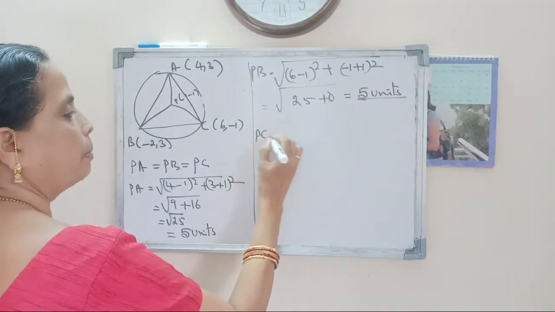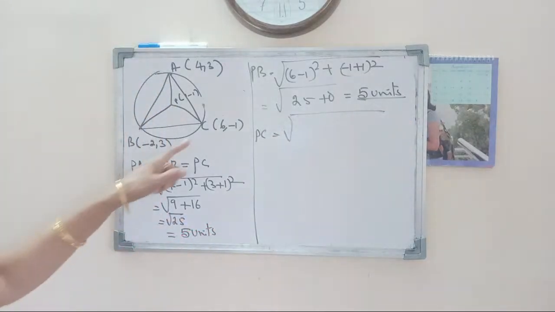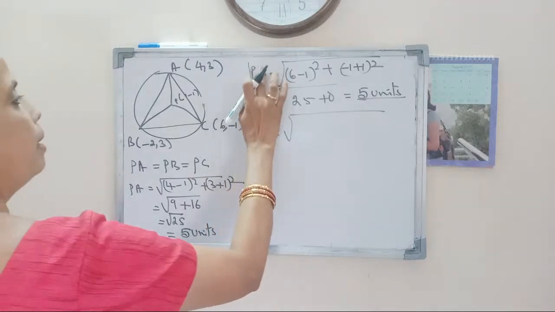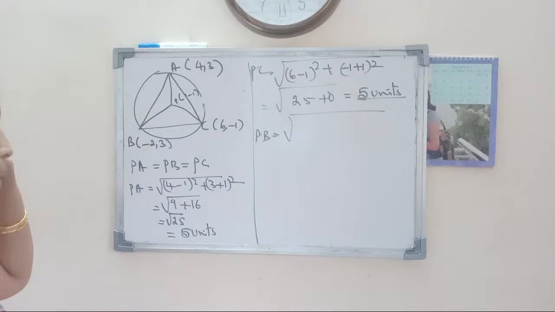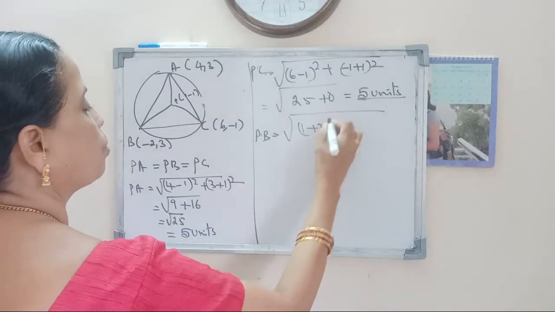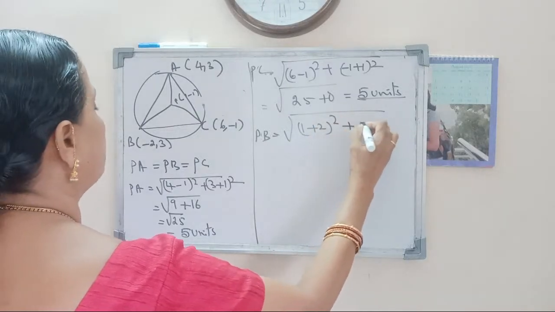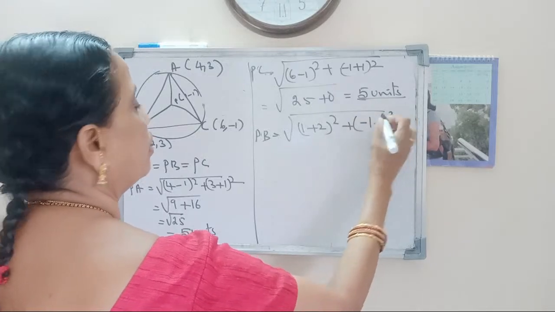Then calculate PC. I have done PB only, I think. PC you have to do. Please check it. Now PC, what will you get? (1 plus 2) whole square plus (minus 1 minus 3) whole square.